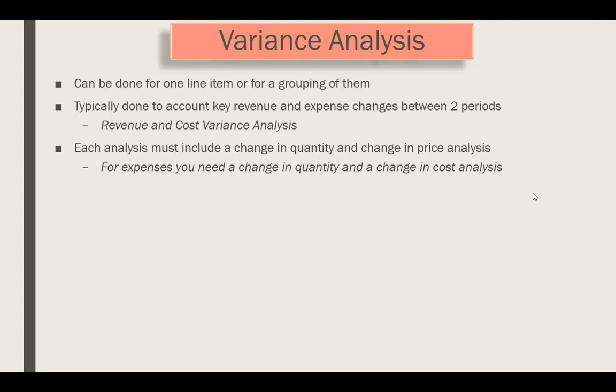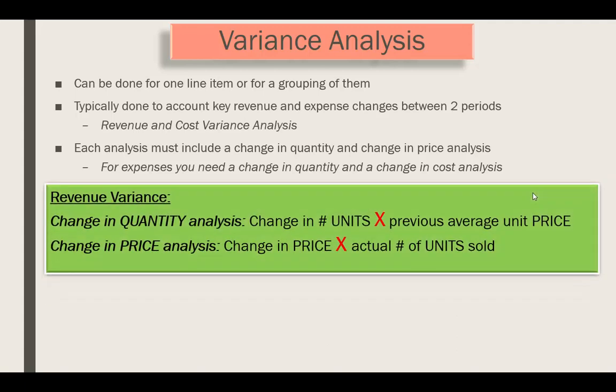That's unless we're doing a cost analysis, where we're going to look at a change in quantity and a change in cost. So the two calculations we need to do: if we're doing a revenue variance analysis, we first look at our change in quantity. To complete that, we take our change in number of units. Remember, for restaurants a unit is a cover, for a hotel it's room nights.